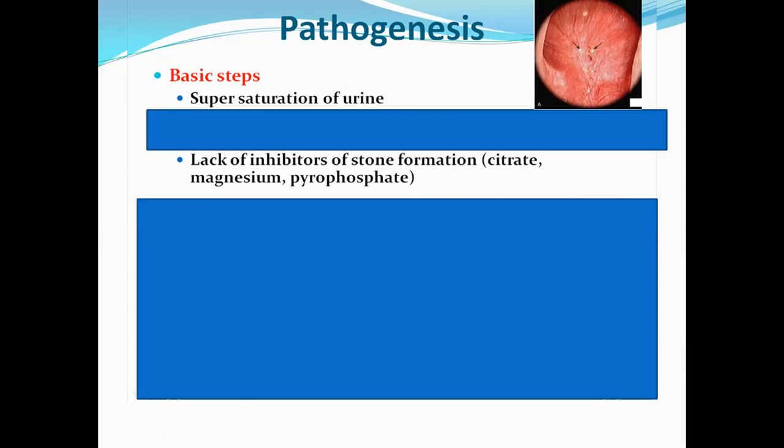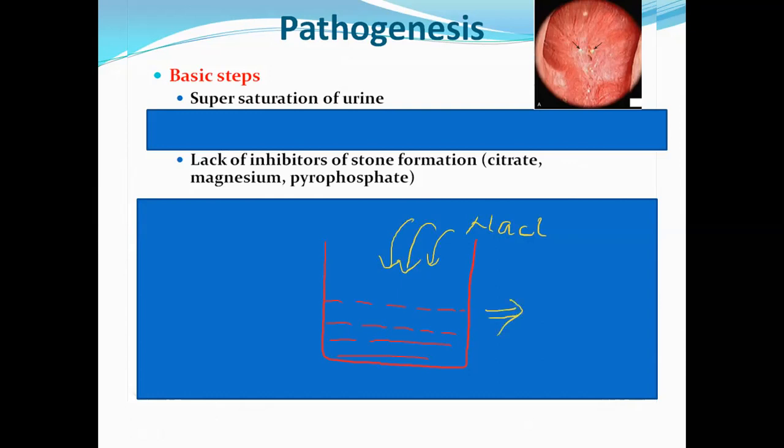I can explain this by a very common example that we have learned in our school life. Suppose this is a glass of water. If you start adding salt to this water, initially the salt will dissolve, and you keep on adding salt. Again it will dissolve, but there will be a point when, if you add a little more salt, it doesn't dissolve, it starts to precipitate. That point is known as supersaturation.